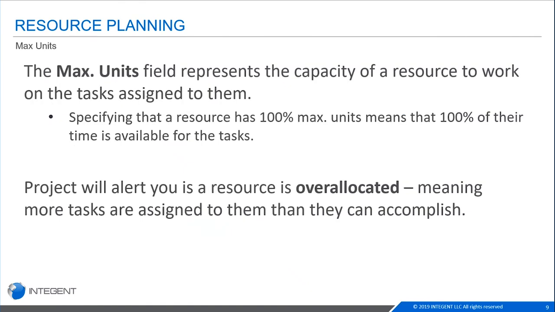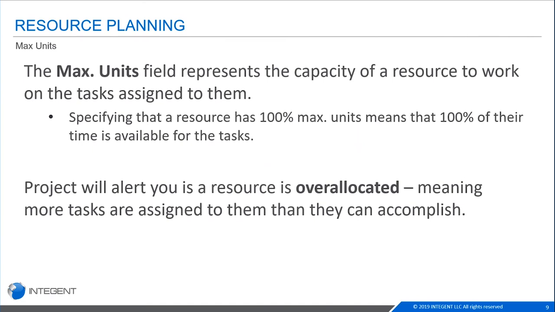So in terms of work resources, the max units field is a pretty important field to understand. It represents the availability and capacity that your resources have for project work. Some actually do have full capacity. They are 100%, which Project defines as 8 hours a day available to work on project tasks.